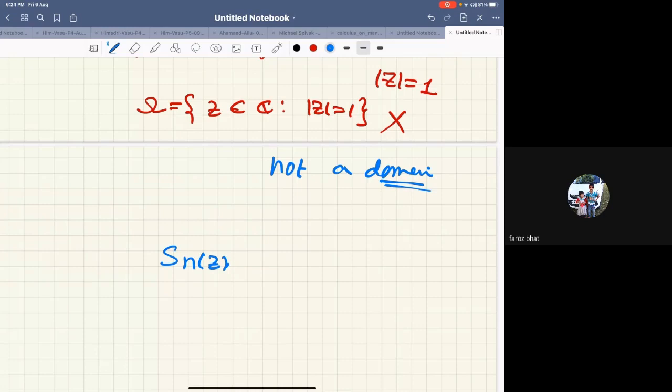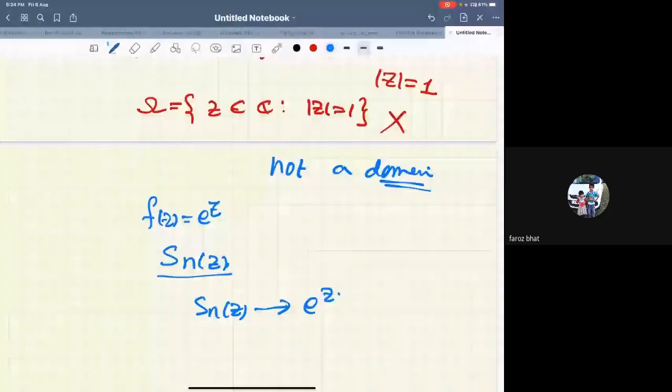If you take S_n(z) and take the limit of the nth partial sum, that converges to e power z, and this convergence is uniform. But e power z does not vanish anywhere. So uniform convergence does not preserve the zeros of polynomials. So this converges uniformly in whole C or a subset of C?